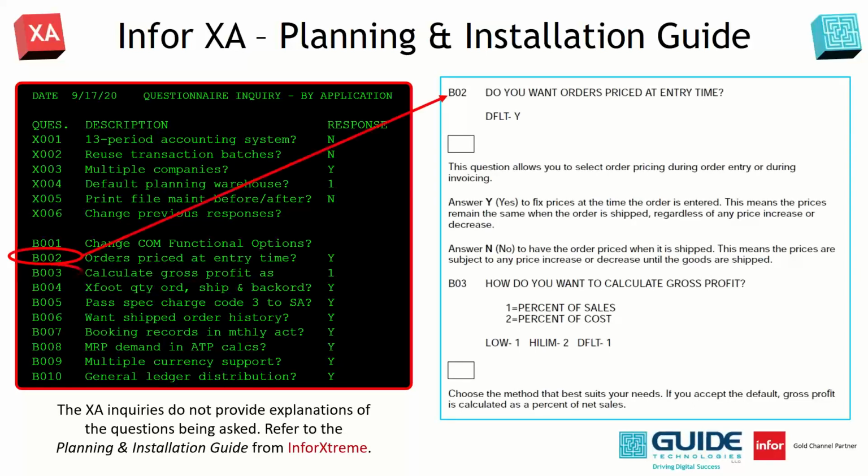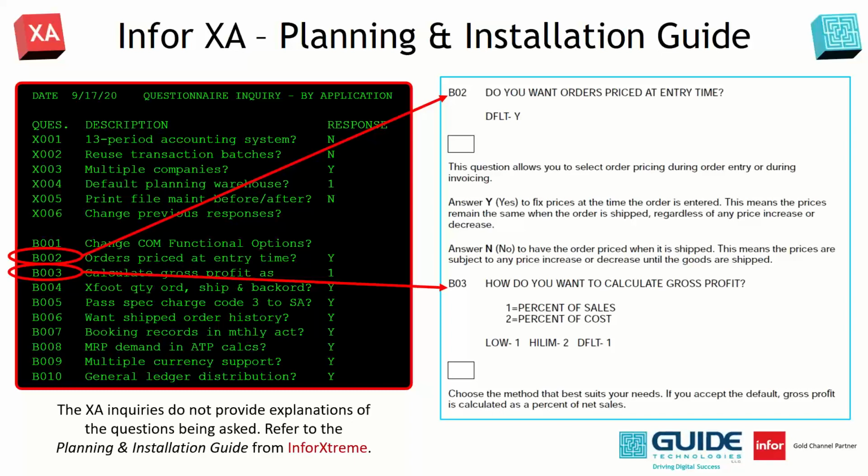So B002, do you want to price orders at entry time? Well, many people didn't know that you also have the option of pricing orders at invoice time. If you are in an environment where you are updating your prices daily, maybe even hourly, based on the current market price of a product, if you are selling something that's gold plated, if you're selling jewelry, if you're selling oil.